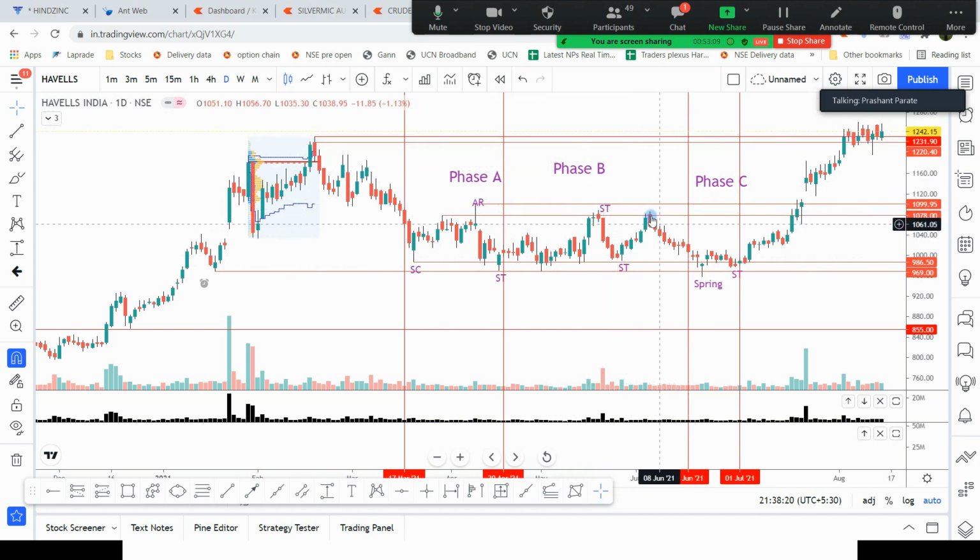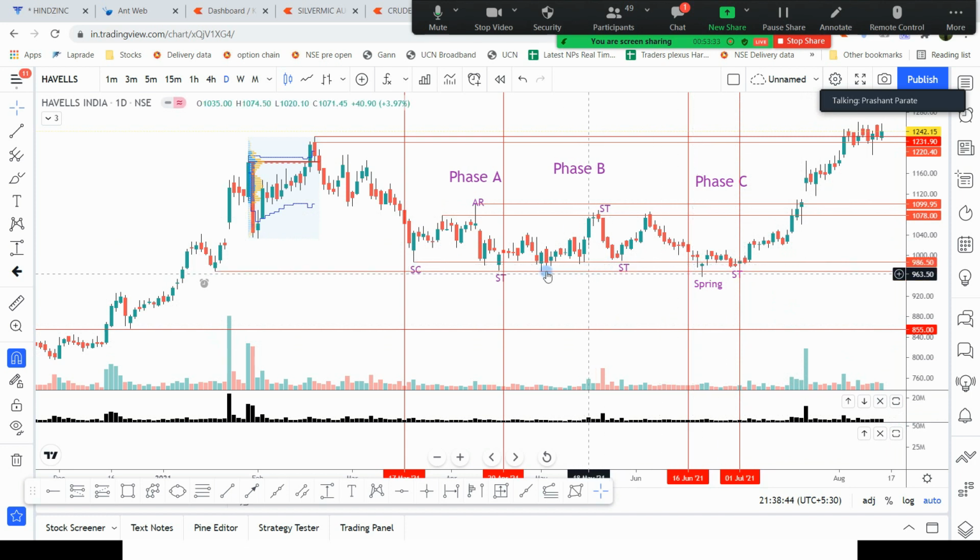When prices do not break this level, they will keep their stop losses below these two candles, below the double bottom. Because the most commonly taught thing is, a double bottom is very strong support, it should not be broken. If it is broken, it will go down. So they think the range will go down and it can come around 855 levels.